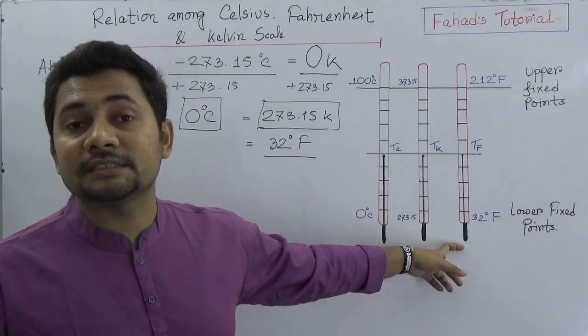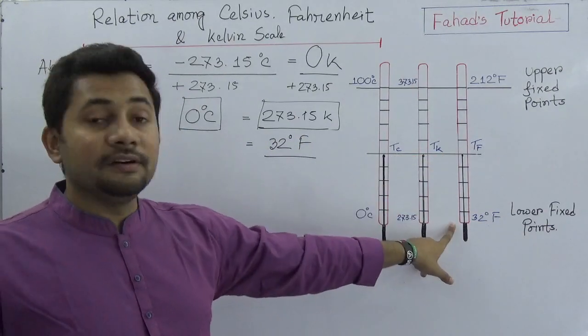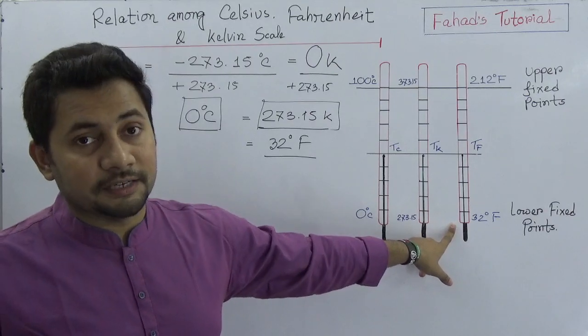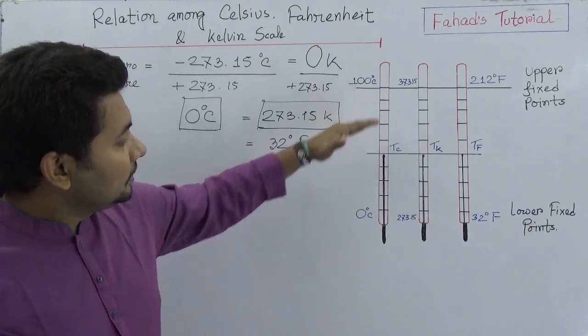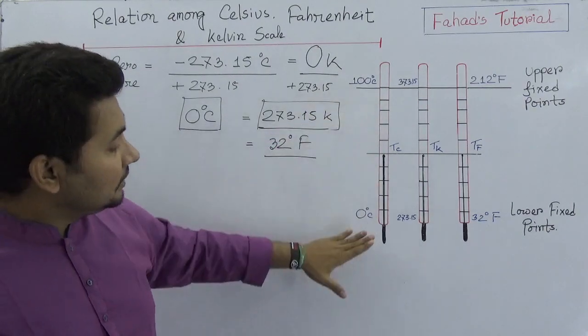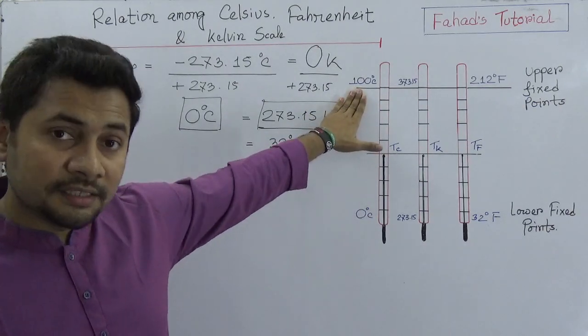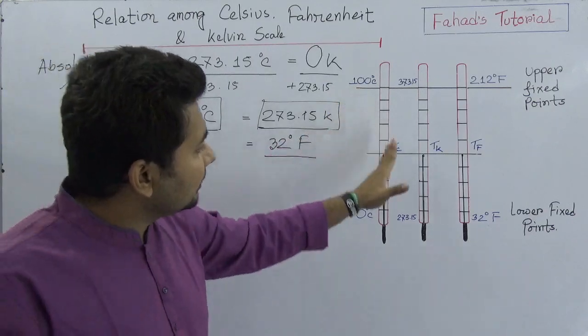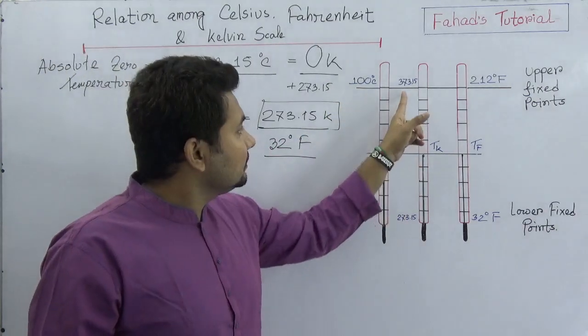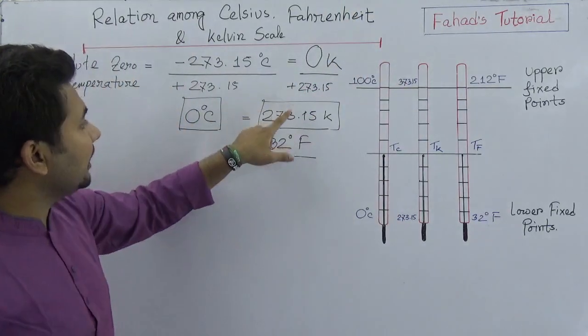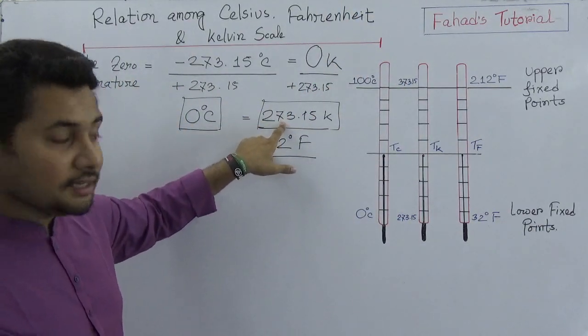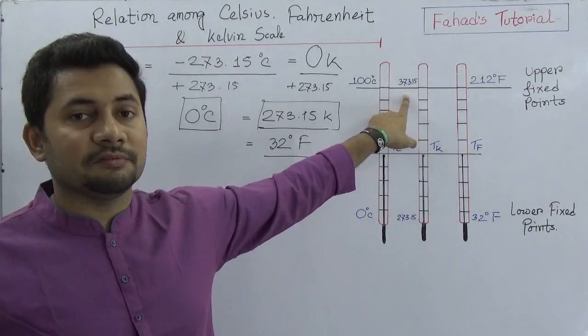In case of Fahrenheit, the same temperature is 32 degrees Fahrenheit. And think about the upper fixed points. In Celsius it is 100 degrees Celsius. In Kelvin it is 100 more, so if you add 273.15 plus 100, it reaches 373.15.